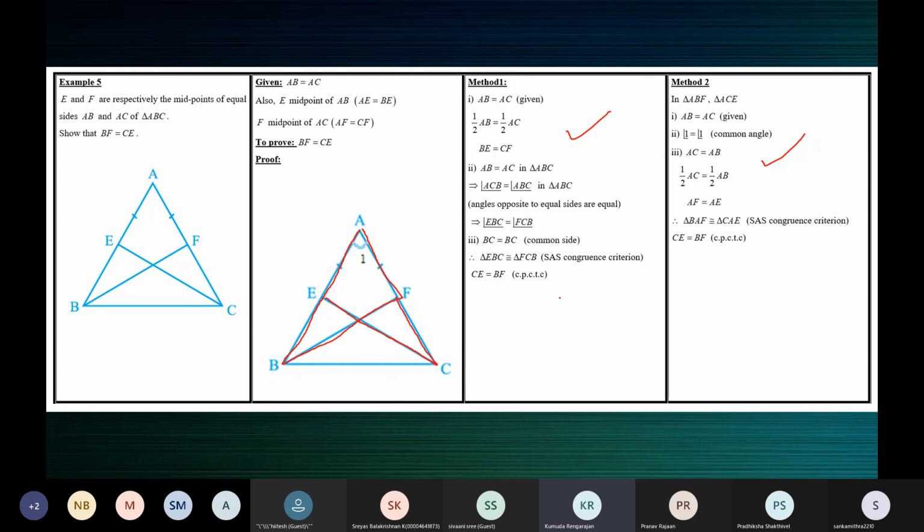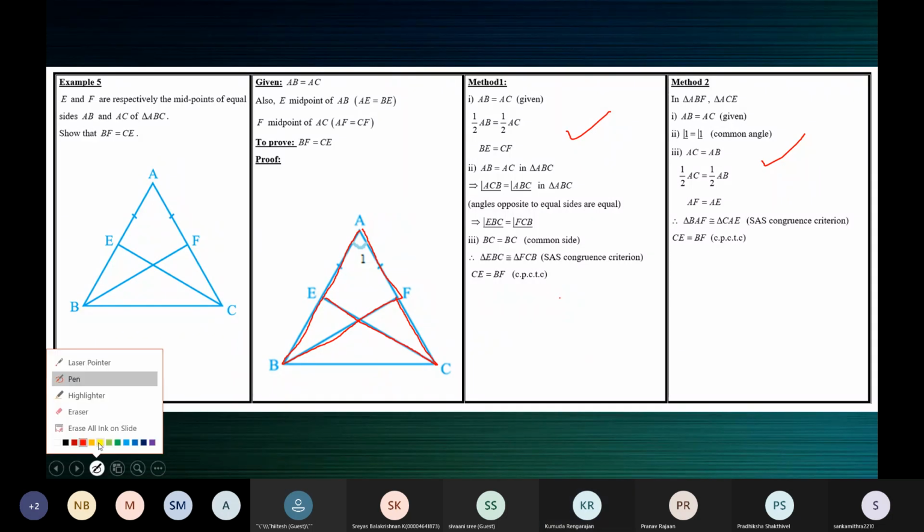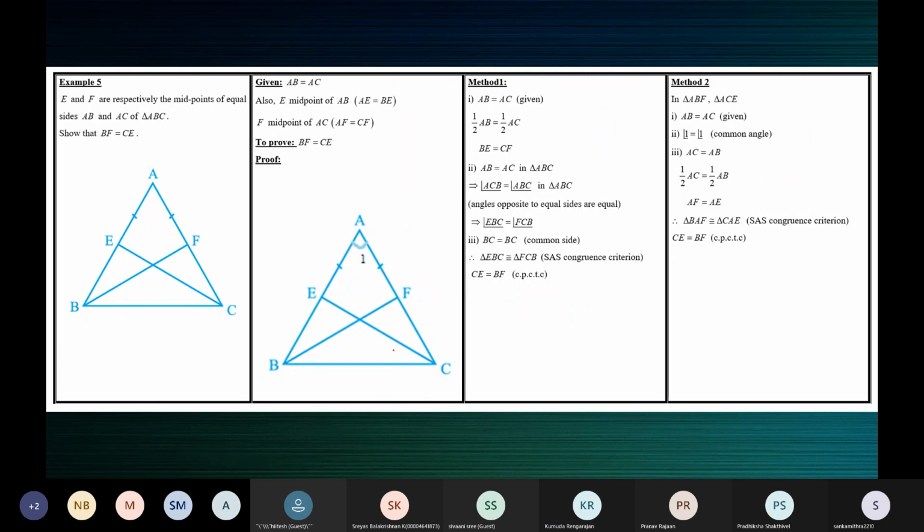So the second method is using these two triangles. This is ABF, and what's the other one? ABF and AEC.